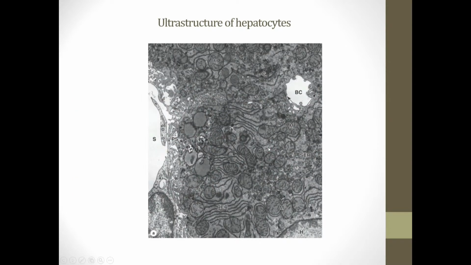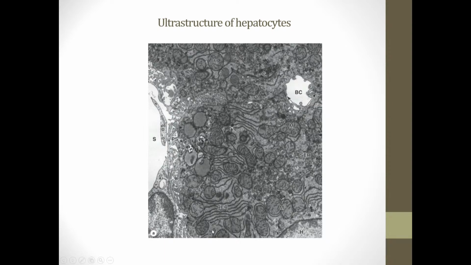Okay. This is now the ultrastructure of hepatocytes. You can see so many organelles located in the cytoplasm of hepatocytes. They have euchromatic nuclei because they are very active cells.